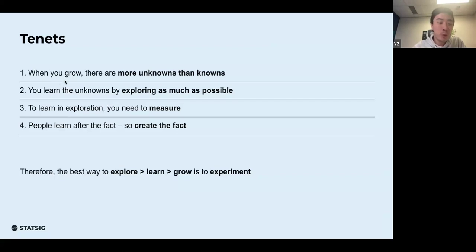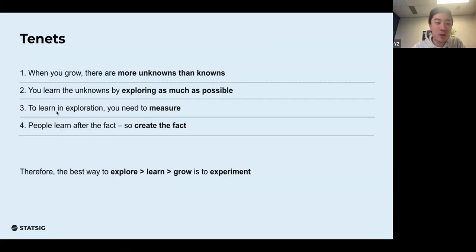First, when you grow, there are more unknowns than knowns. The world is too large and too complex. The second one is you learn the unknowns by exploring as much as possible. So you cannot deduce, you cannot learn from the textbook. There are not many experiences you can learn from. You have to explore the unknowns to understand the unknowns.